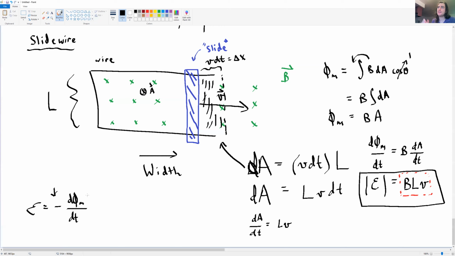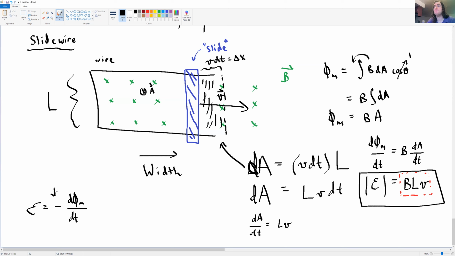So if I slide this thing out and increase the area, the induced voltage and the induced current and the induced magnetic field want to oppose that change. So we need to think of a way where we would induce some kind of current that would reduce the amount of flux, since we're increasing the flux.